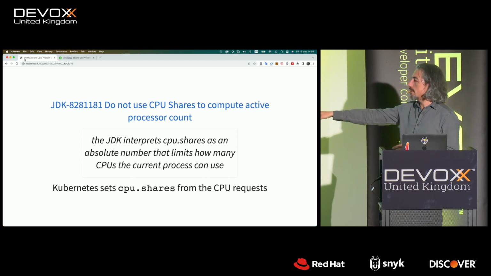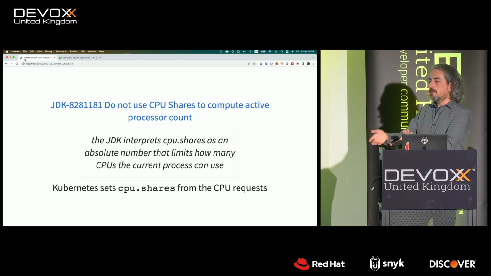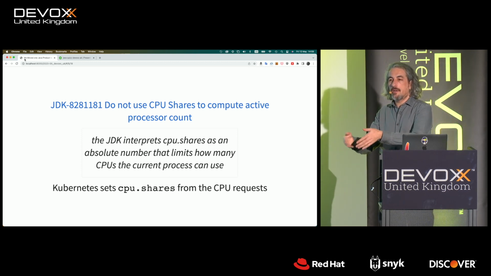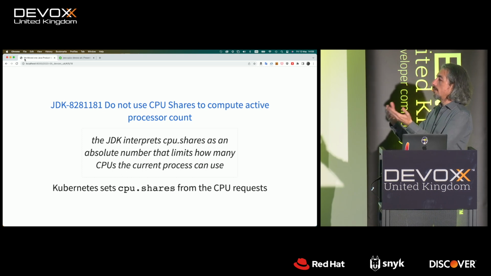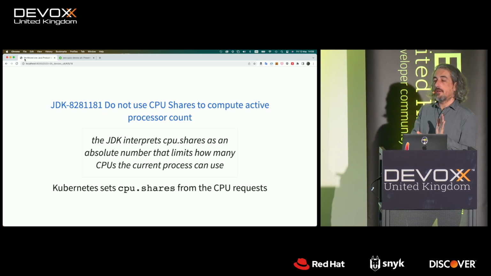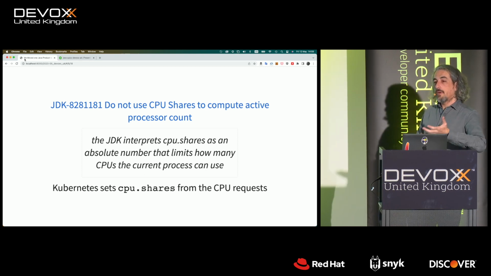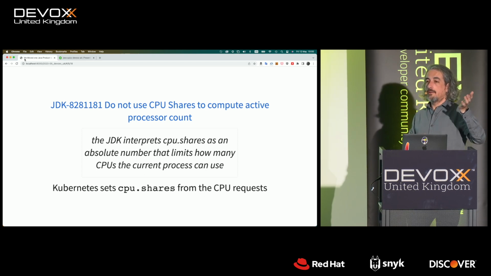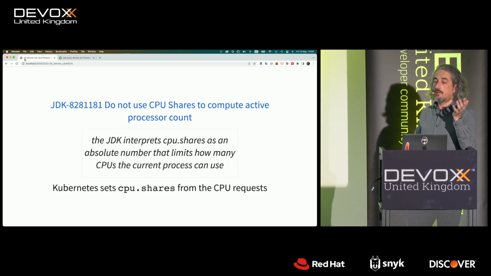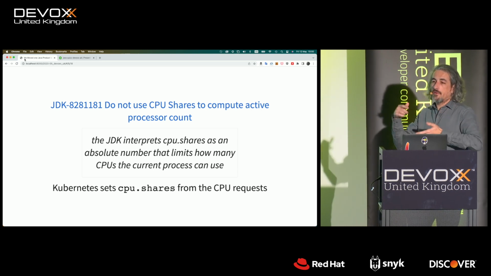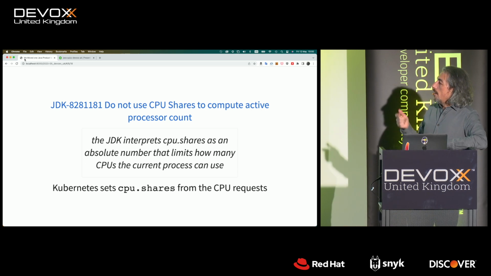So when you say CPU request in Kubernetes, Kubernetes goes and tells the kernel, the cgroups, set CPU shares to this value. And Java was looking at the CPU shares and saying, if it's up to 1, I think I have access to 1 CPU. If it's 2, it's 2 CPUs. If it's up to 4, 4 CPUs, and so on. But they decided this is wrong, and this was changed in the last patch release in October.